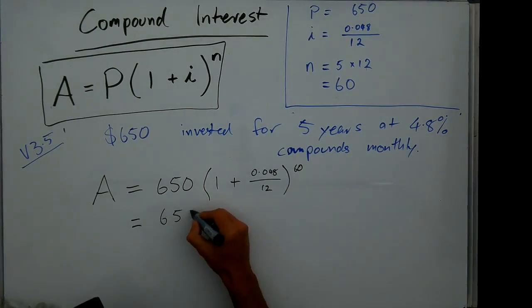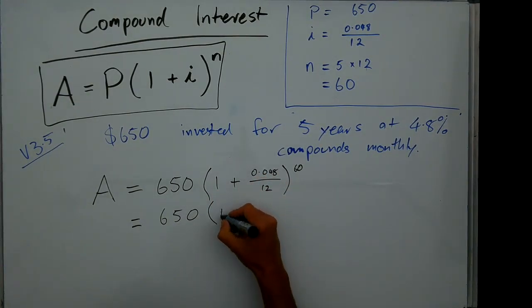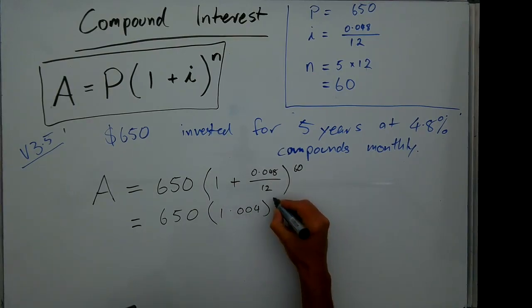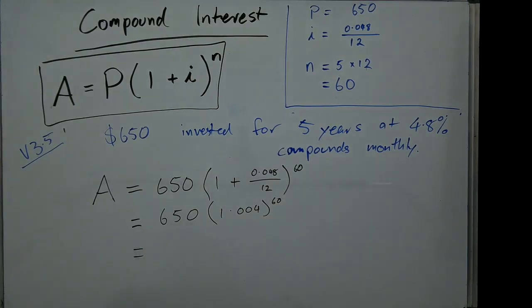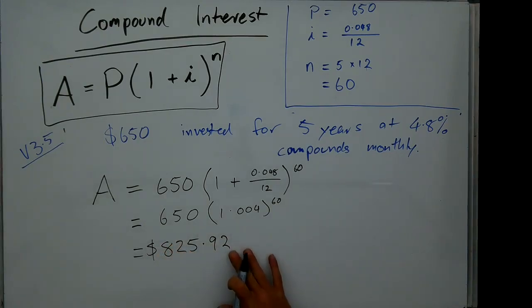So after we've calculated this and added 1, it's 1.004. Answer to the power of 60 times 650. So we've got $825.92 in the account. So that's the original principal plus the interest. So this question wanted us to work out the amount of interest.